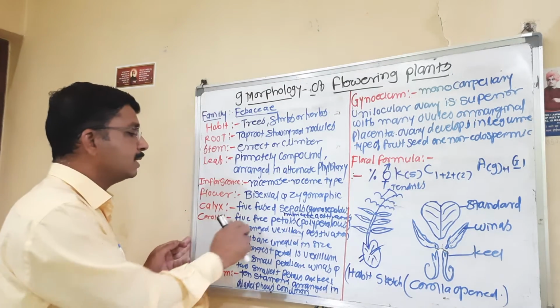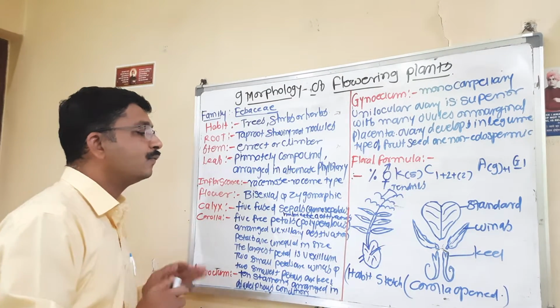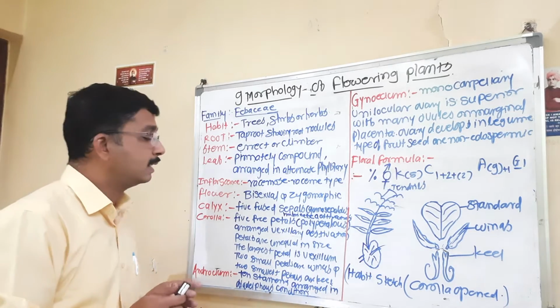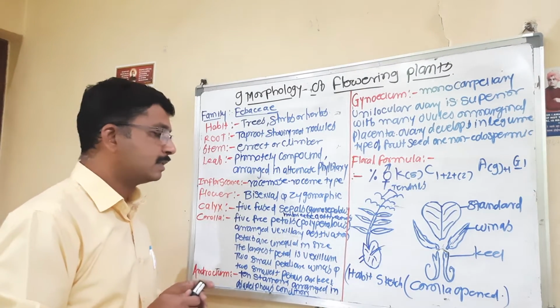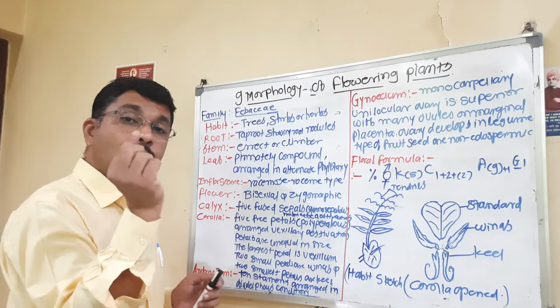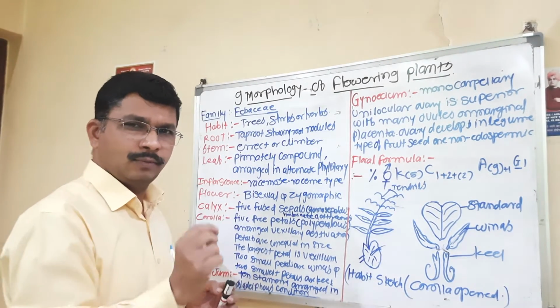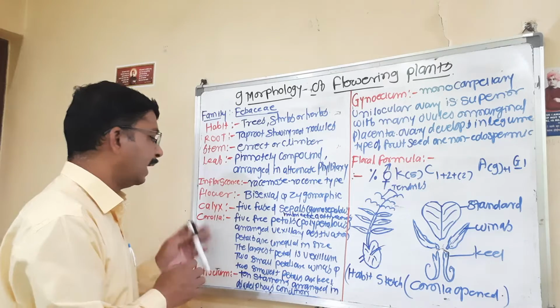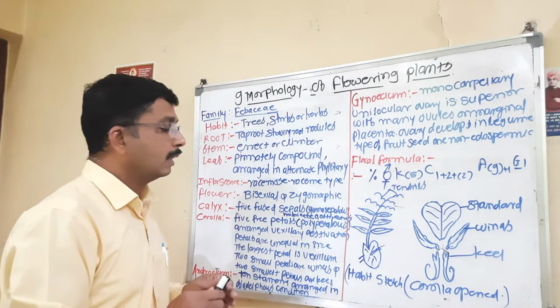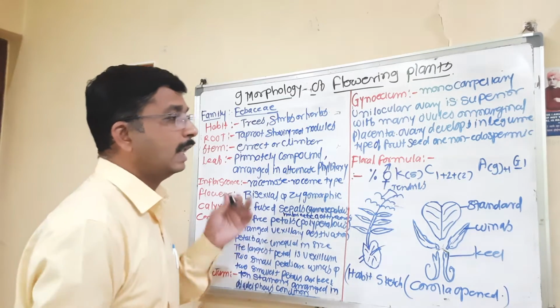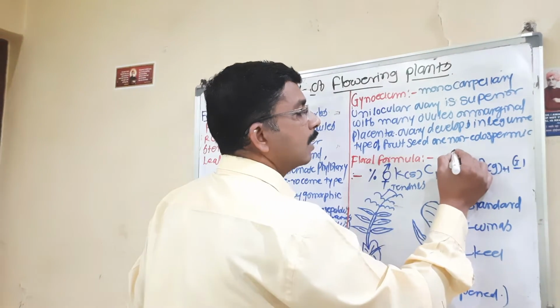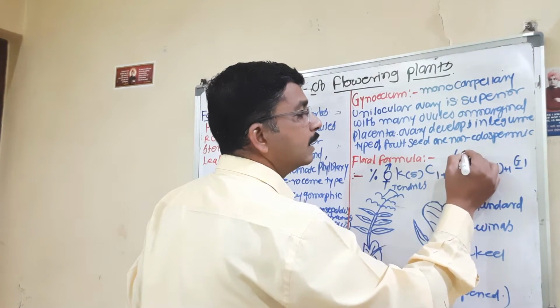How is the calyx present in this typical plant? Calyx has 5 fused sepals. One single individual of the calyx is called a sepal. And those sepals are fused like this. This is how the calyx is fused.